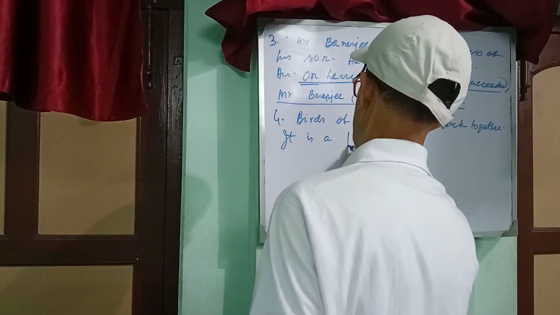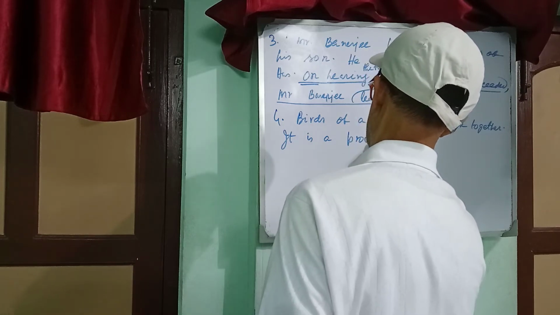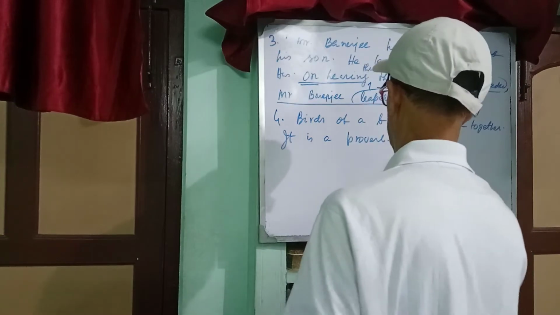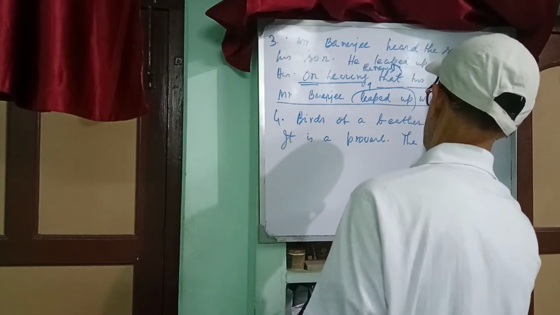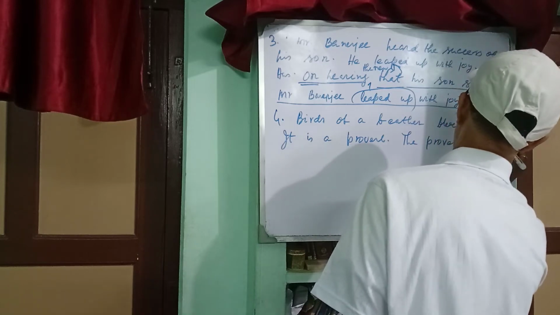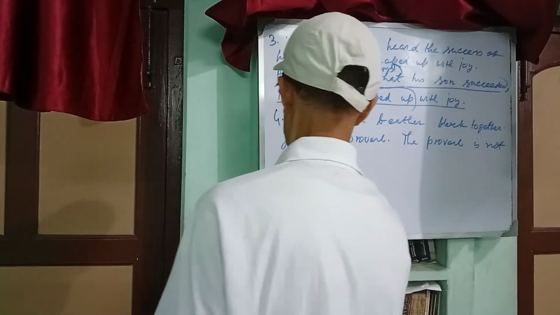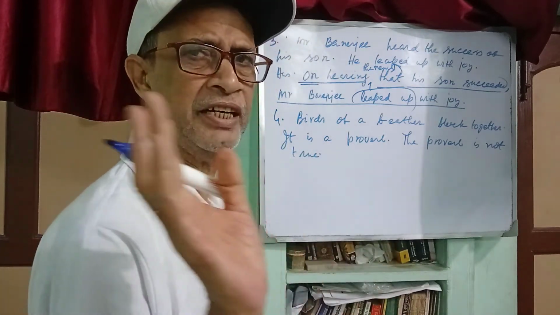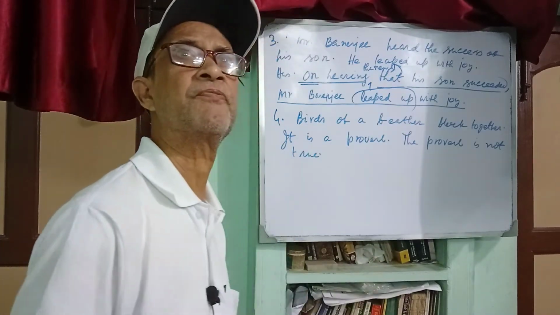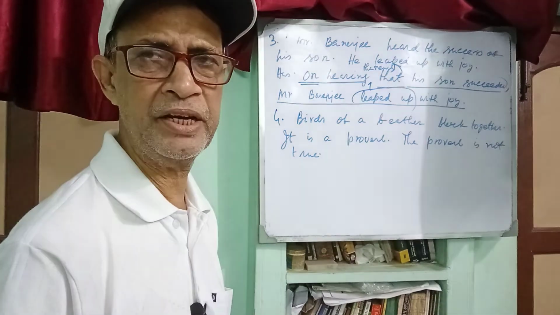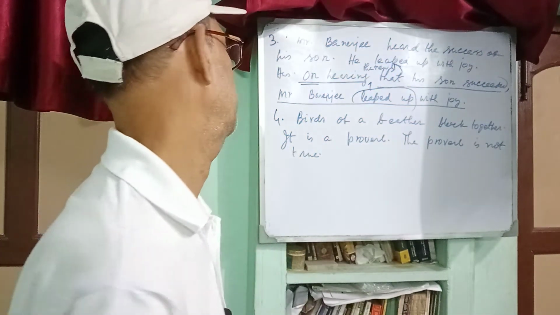It is a proverb, that is a saying. The proverb is not true. There are three simple sentences, and you have been asked to combine them into one complex sentence.